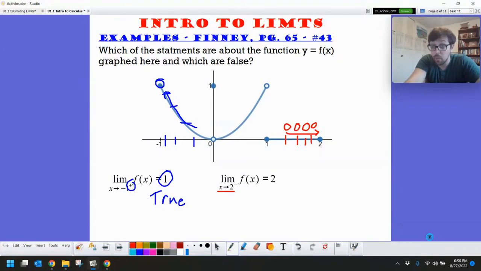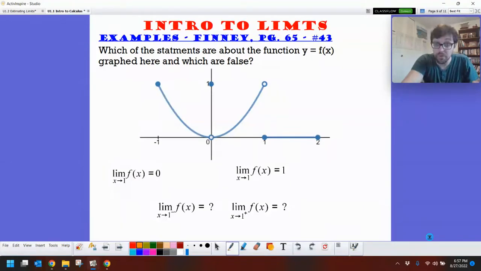We're not going to get quite to 2, but we're going to approach 2. But it seems to be doing 0, 0, 0, 0, 0. So we could assume that the limit as x approaches 2 is not 2. This is false, because the actual value of the limit is 0, not 2.